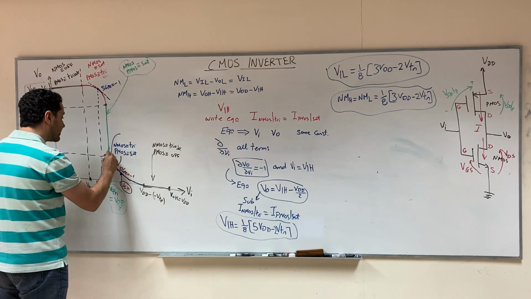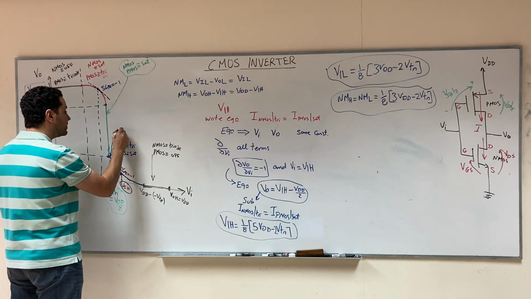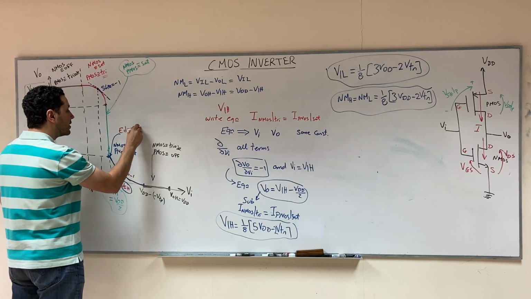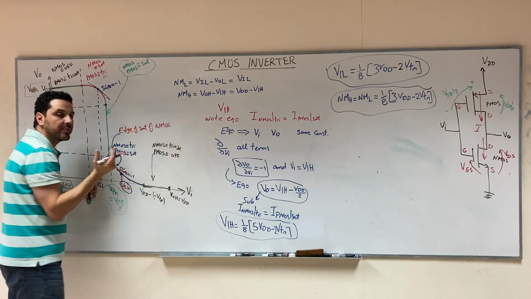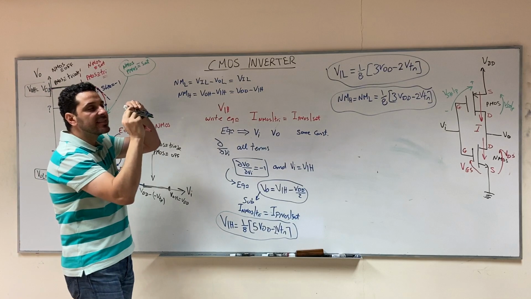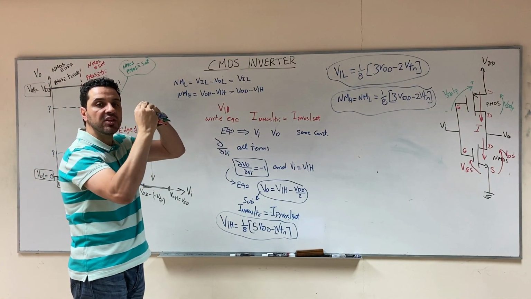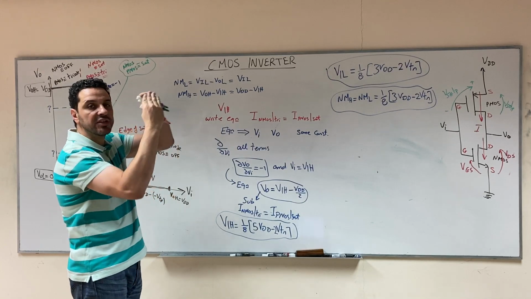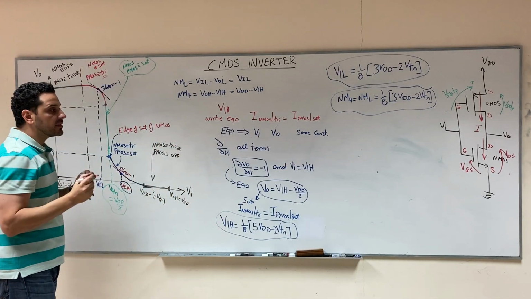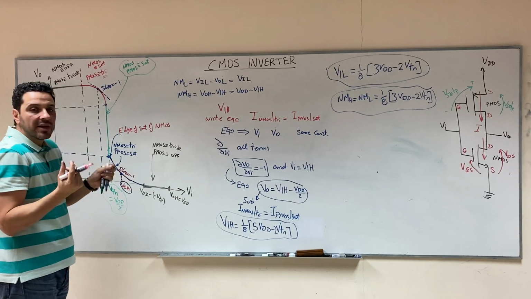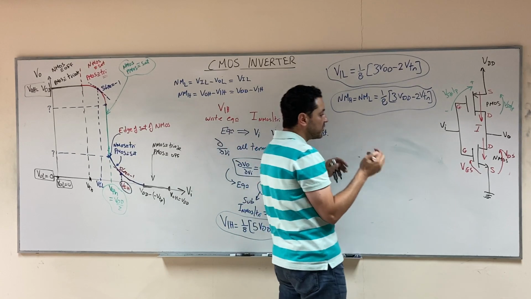This point is the edge of saturation of the NMOS. Edge of saturation means what? It's the point exactly between the triode and the saturation. We call it the edge of saturation. It's the point exactly on the border. What happens when the transistor is exactly at the edge of saturation?